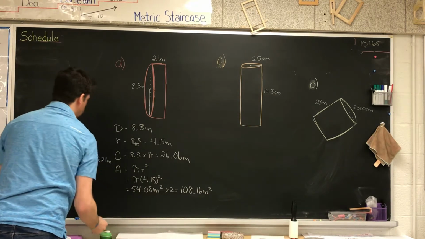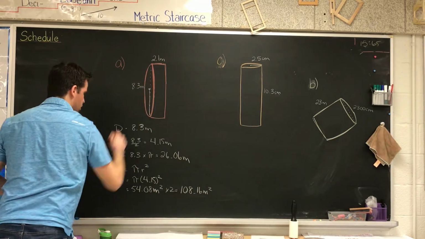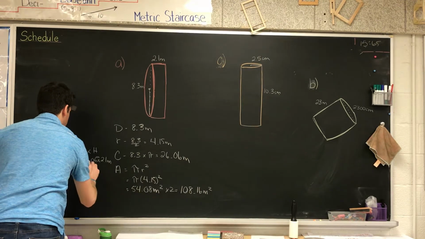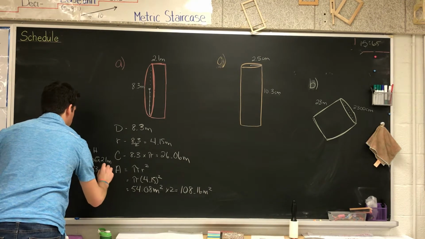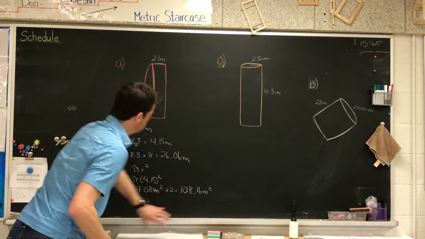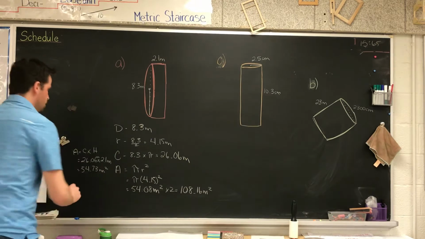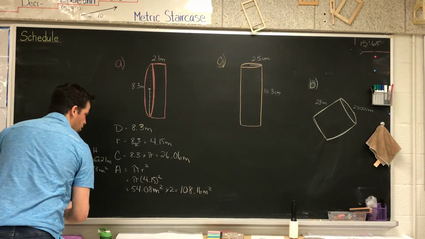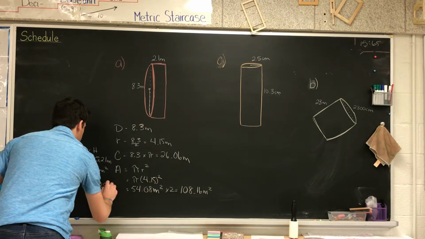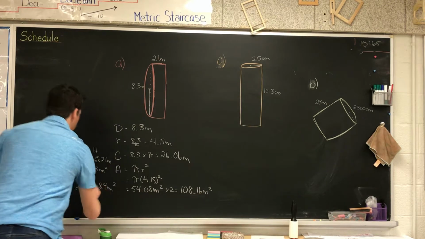And so we get an area of the cylinder part of 54.73 meters squared. And if we add our top and bottom circles with our cylinder, we get a total area of about 162 and 89/100 meters squared.